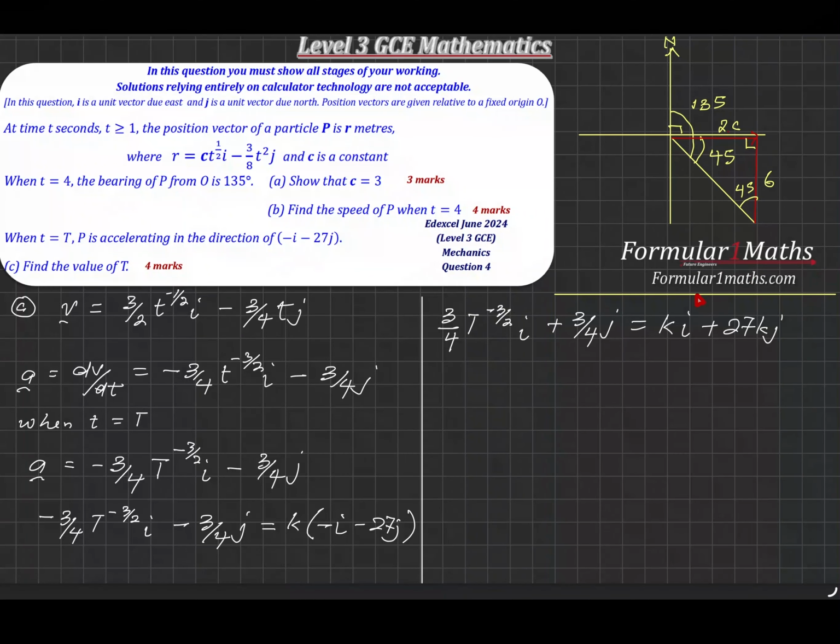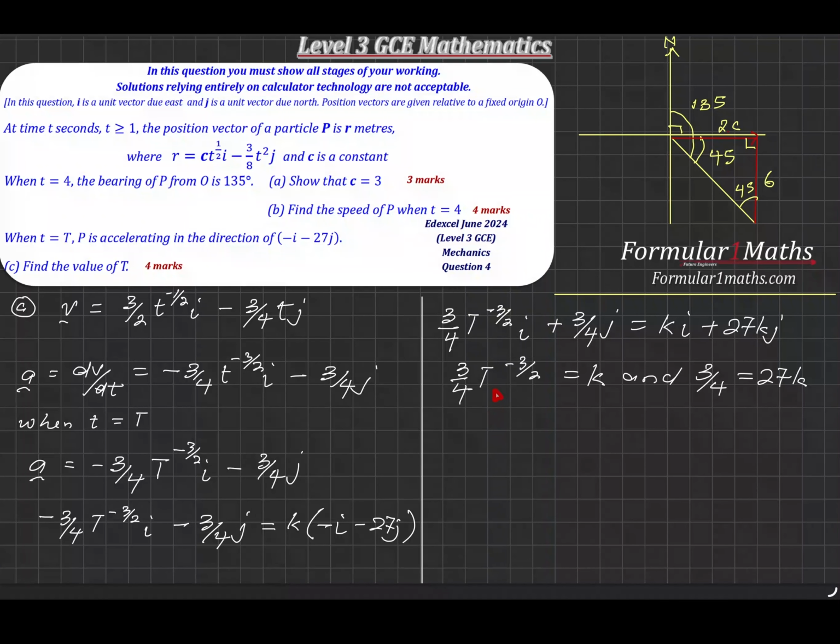Now if you compare both sides of the equation, we can see that 3/4 T^(−3/2) is equal to k, and 3/4 is equal to 27k.